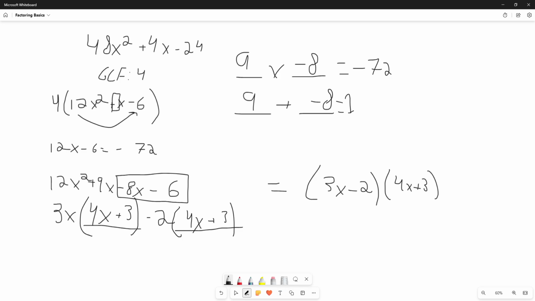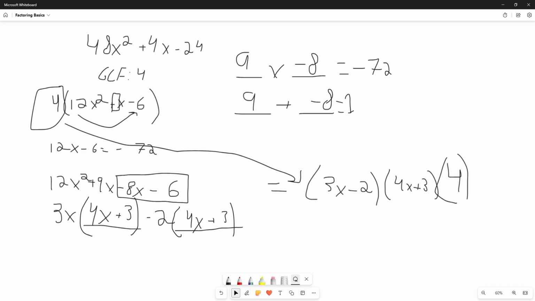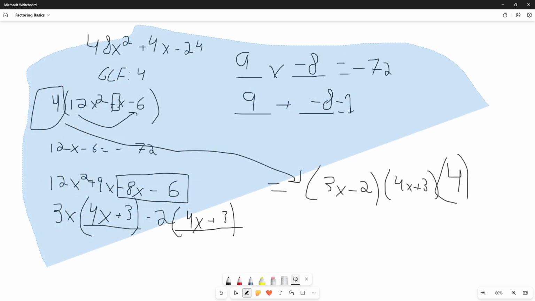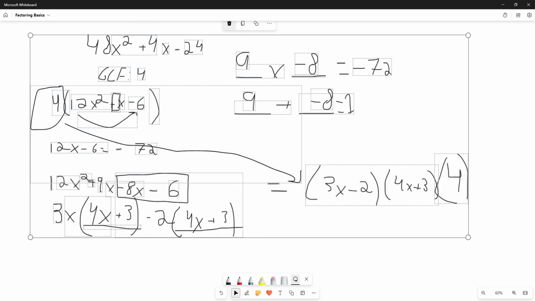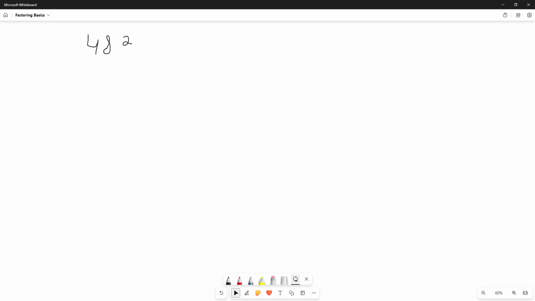But don't forget, actually, that we have the 4. Don't forget the 4. The 4 needs to come in, because without it, then the question is not the same one that you got. So don't forget those numbers whenever you're doing these type of questions where you take out a number first. Let me just get rid of that first.